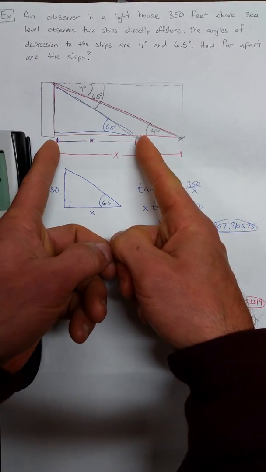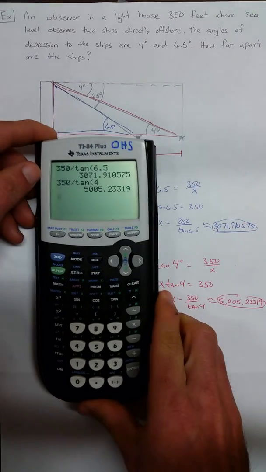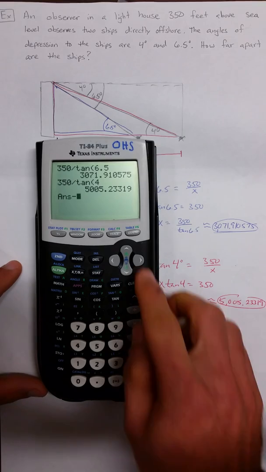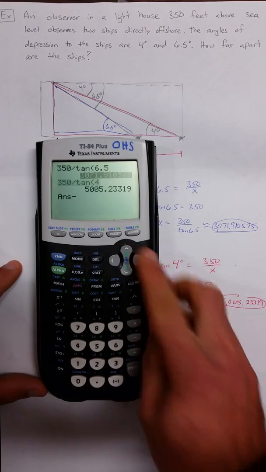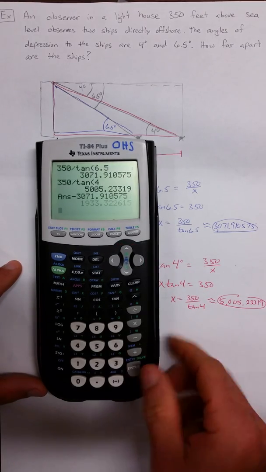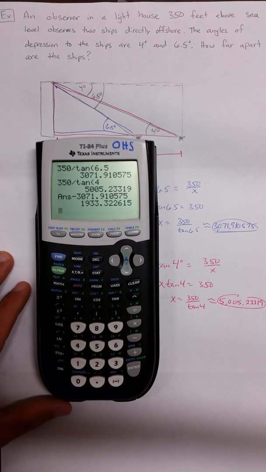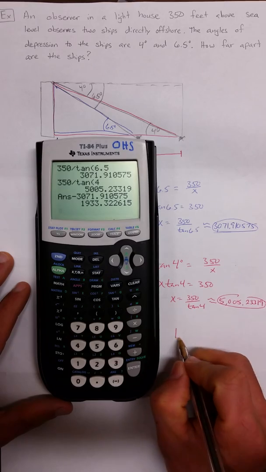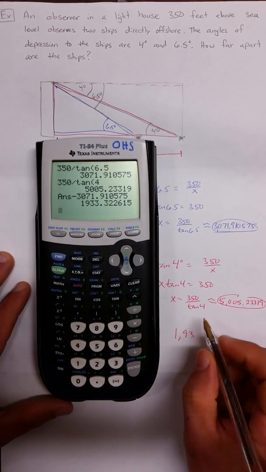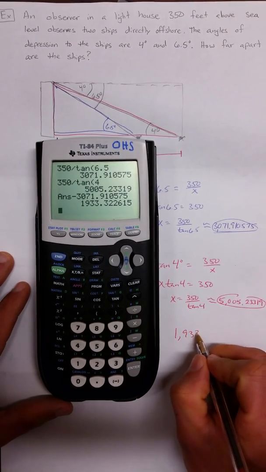I know that distance is 3,071. Now I just need to subtract them. So subtract that number, and that should be the distance between the two ships, 1,933.32 feet.